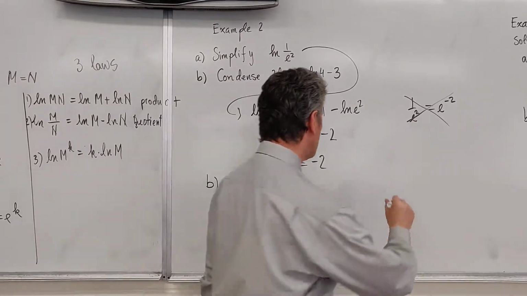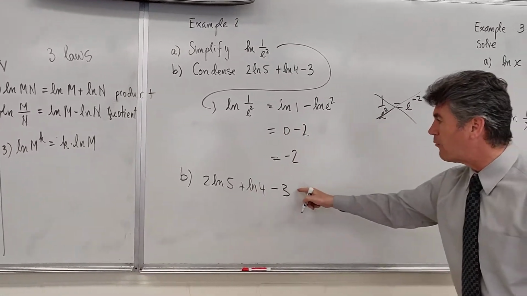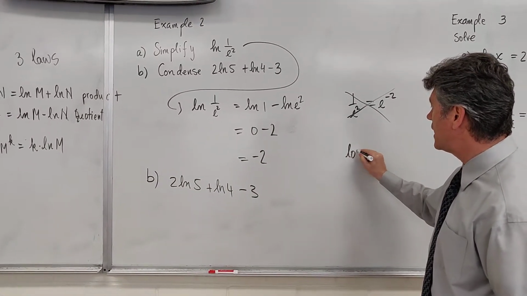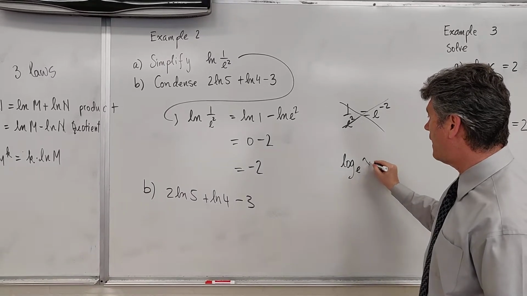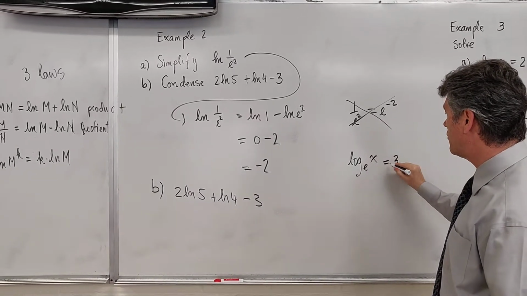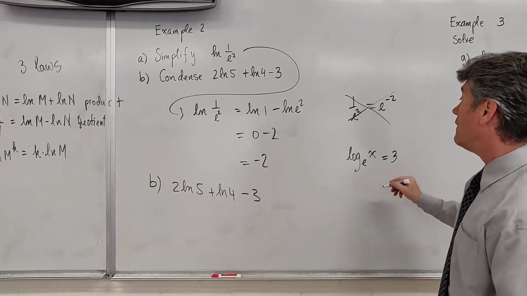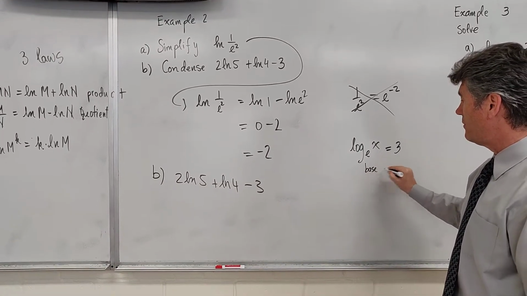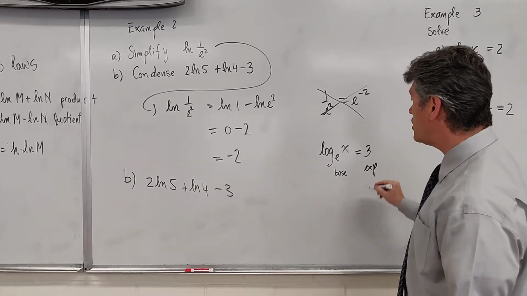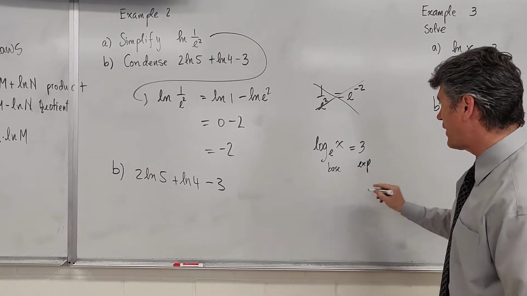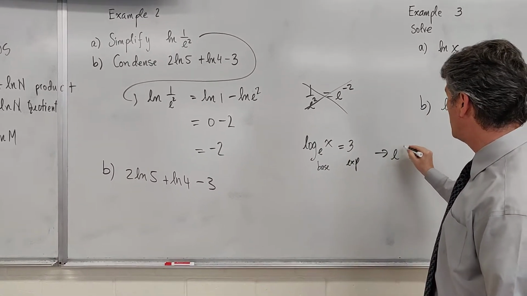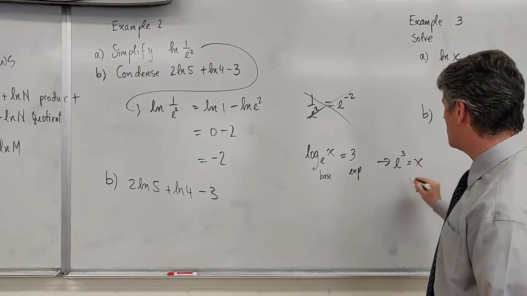So the first thing that we do is we say, okay, I want 3 to be log base e of some number, and this should be equal to 3. This is our base, remember, this is our exponent. If we change from logarithmic to exponential, we have e raised to the third is equal to x.